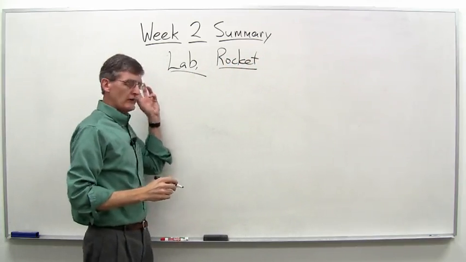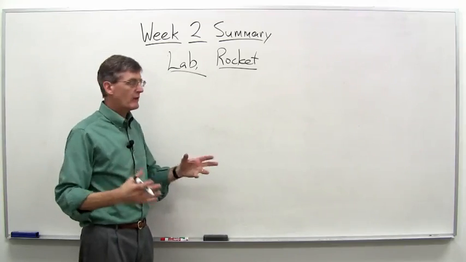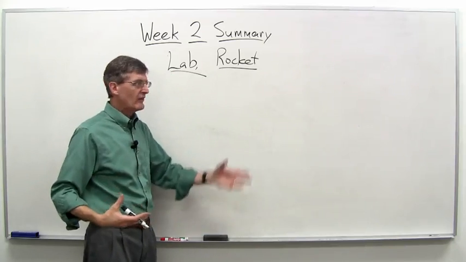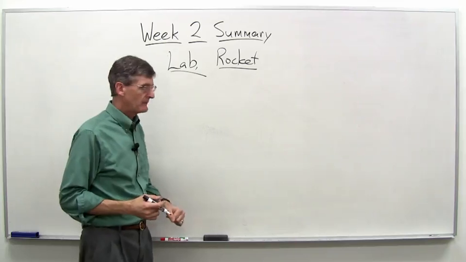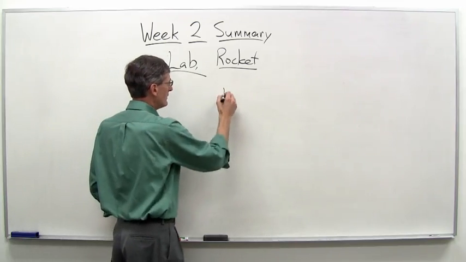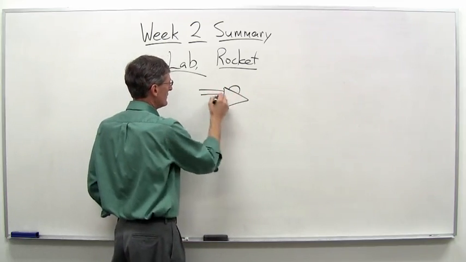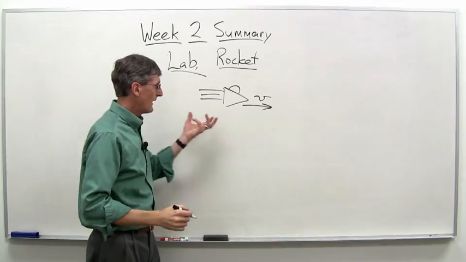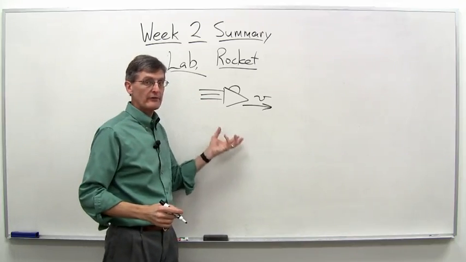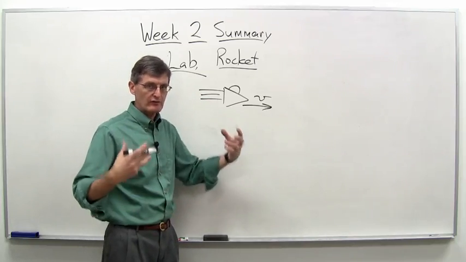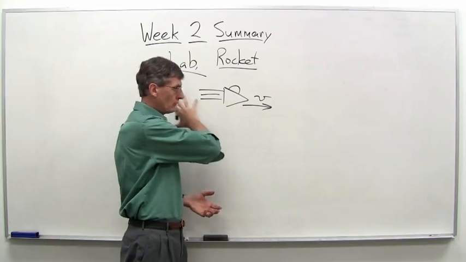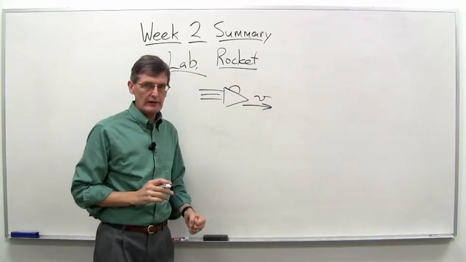The advantage of this versus Alice and Bob is that, in general usage, the lab is stationary, and the rocket is what's moving. So here's our rocket going by with some velocity v, and we're going to assume that the rocket is going to the right. That's our standard situation: the lab frame observing a rocket, or whatever object it is, moving to the right.